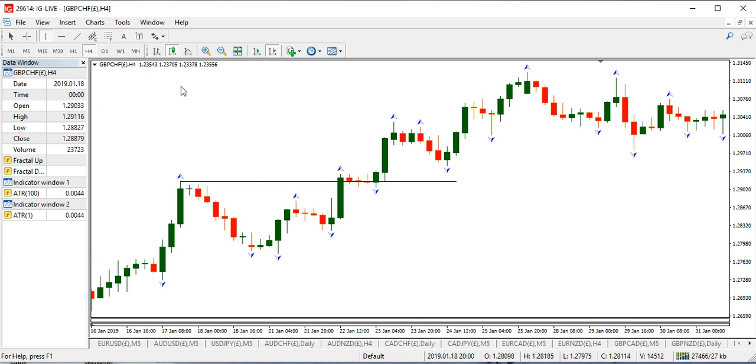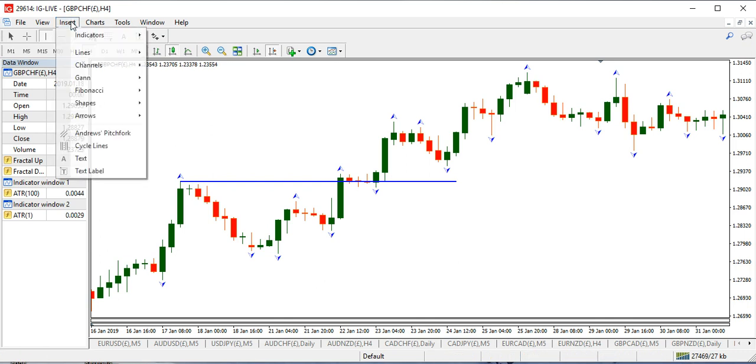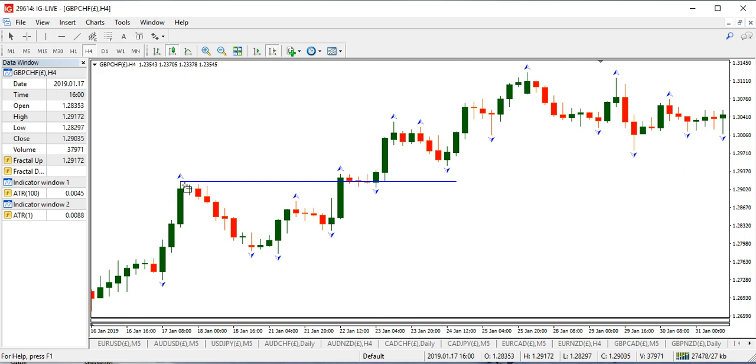In fact, I'd say the zone here, so we're going from this shadow here, that's the zone. We've got the shadow and the body. We haven't got any other bodies higher than that until the breakout. So this is the zone. So we'll get our tool in here and we'll go down to the 1 hour.